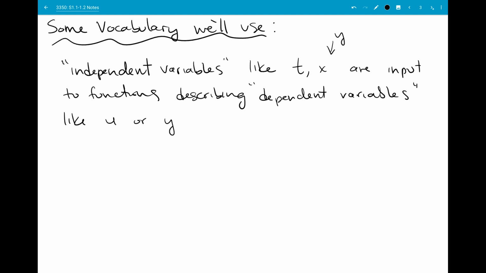Depending on how you think about things, y could be an independent variable, like a way to define space, but when we see it in this class, it'll usually be a dependent variable, so I just want to have that here to start.